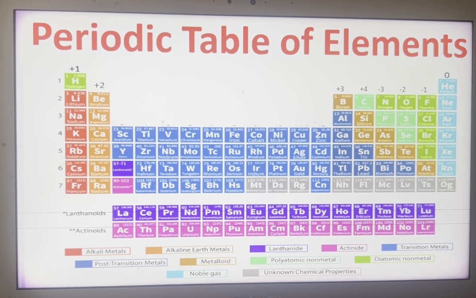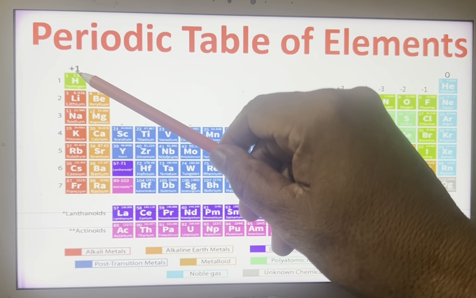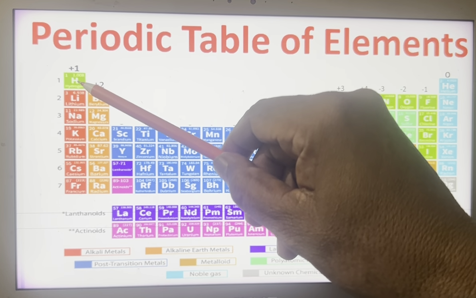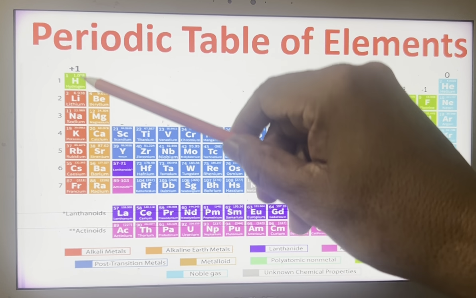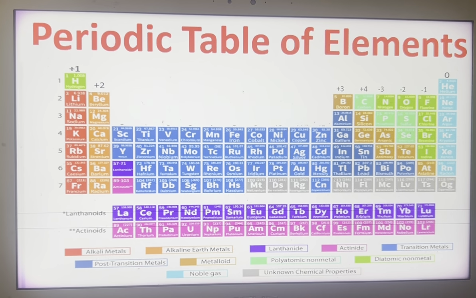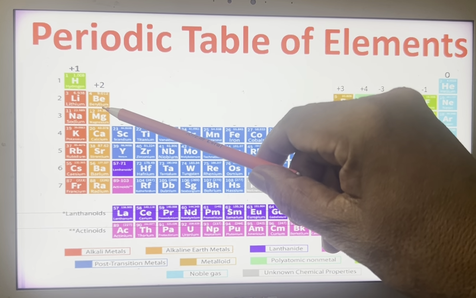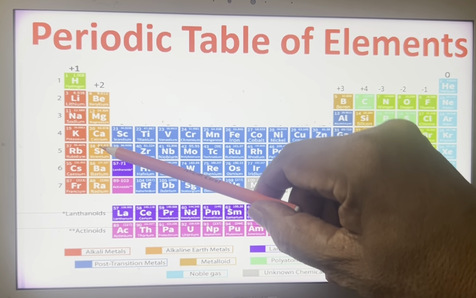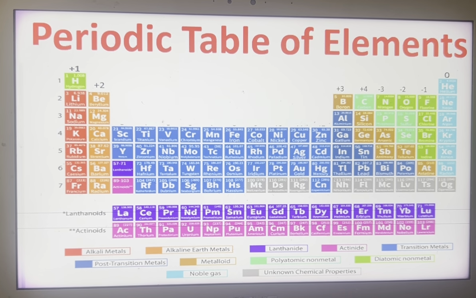You see how to know the valencies from the periodic table of elements. For example, first group elements: the oxidation state is +1, valence is 1. Hydrogen, lithium, sodium, potassium, rubidium, cesium, francium, all these elements have +1. Second group elements, beryllium, magnesium, calcium, strontium, barium, are all in the +2 oxidation state.